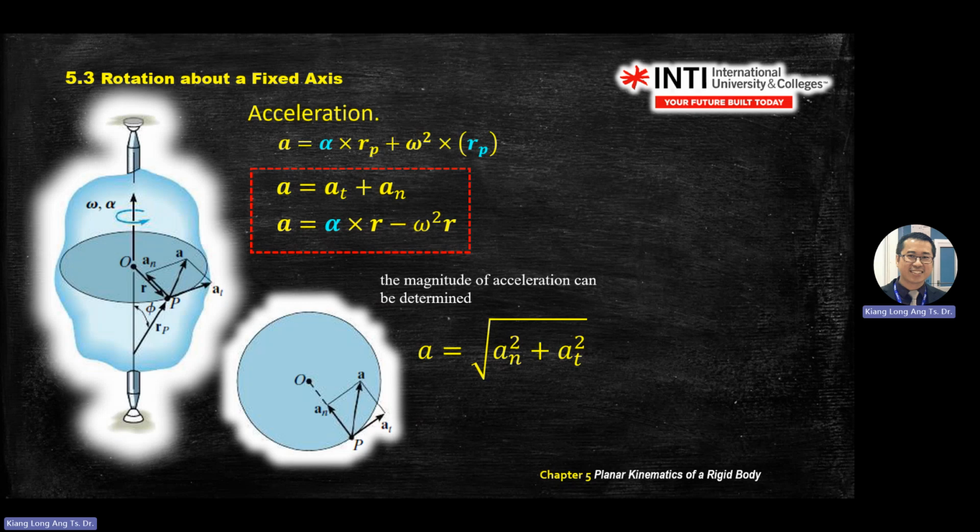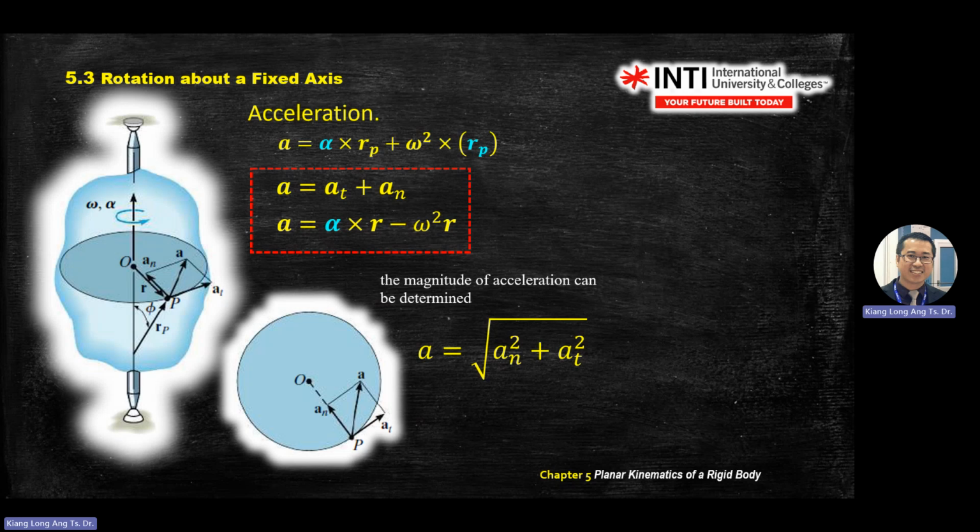Okay. The question won't ask you to write in the complete form. So don't worry about the negative. The question will ask you to find the AT and AN. Find the acceleration in the tangent direction and acceleration in the normal direction. You only need to apply this equation or the one I wrote here.